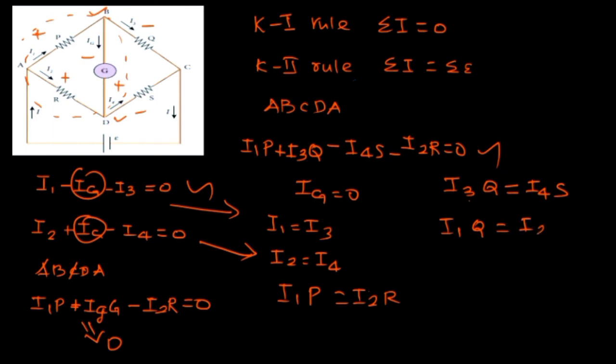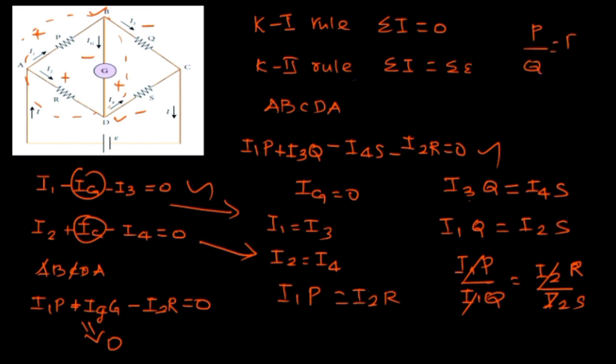Now you can divide. I1P divided by I1Q is equal to I2R divided by I2S. I1 cancels, I2 cancels. Therefore, P by Q is equal to R divided by S. That's all. This is the balancing condition.